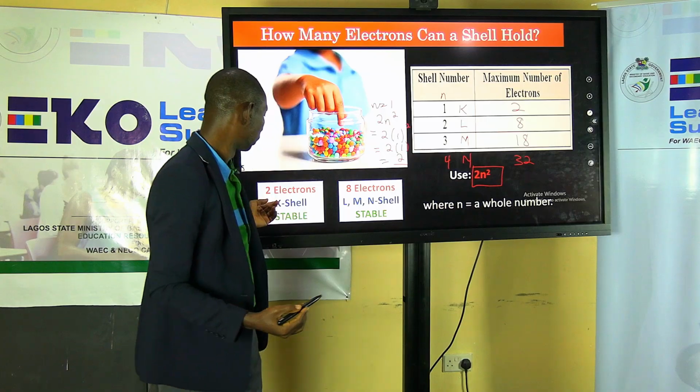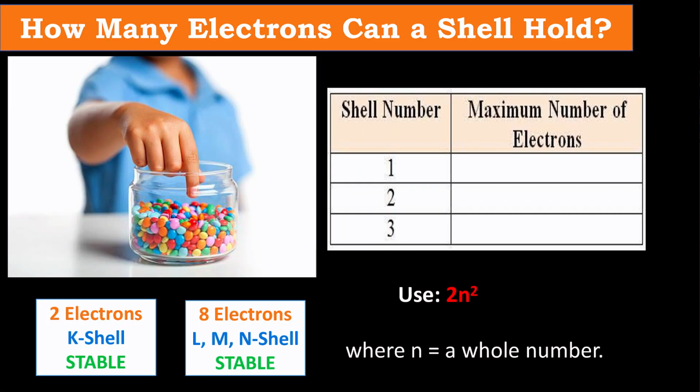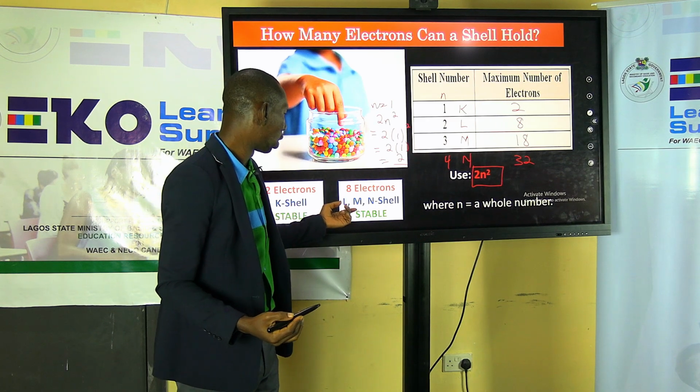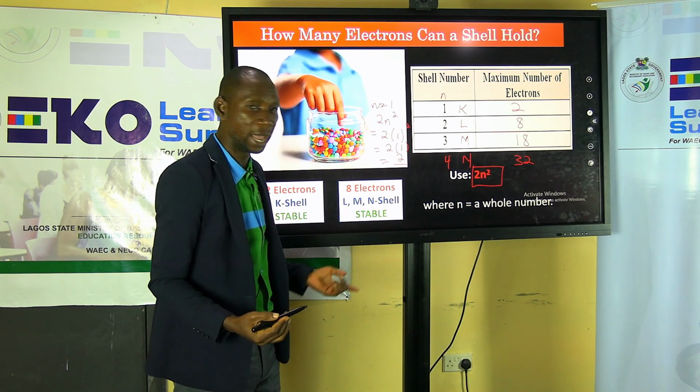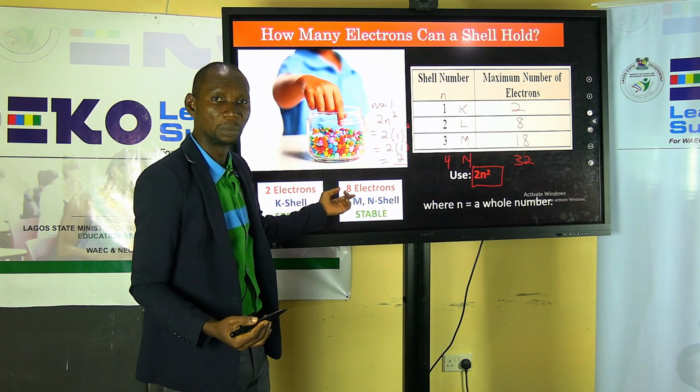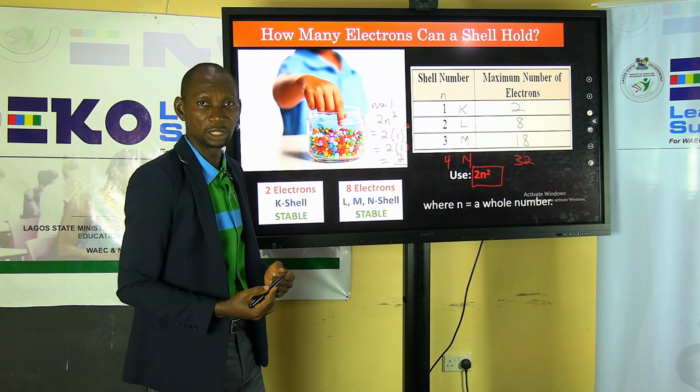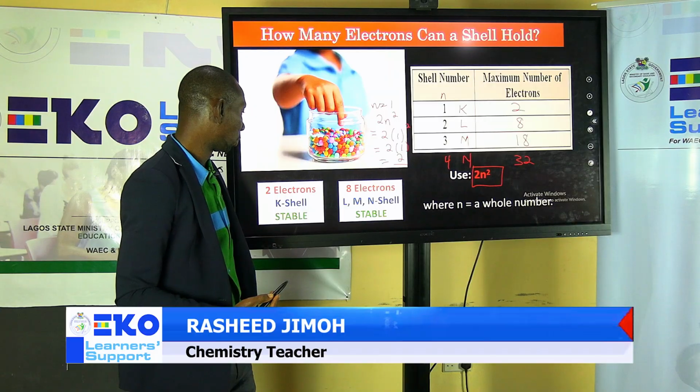You can see there, the K shell has 2 electrons and it becomes very stable once you put 2 electrons in it. How about the other shells, the L, the M, and the N? They can hold a maximum of what? 8 electrons to become stable.